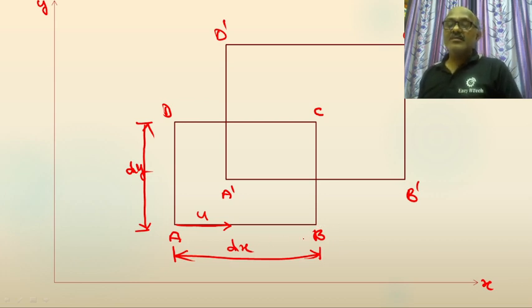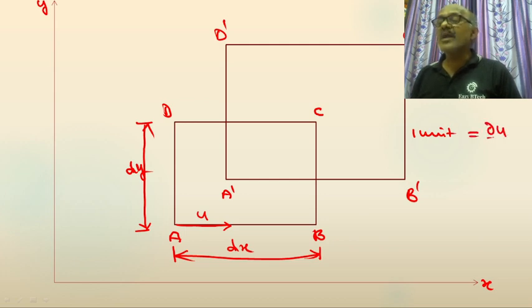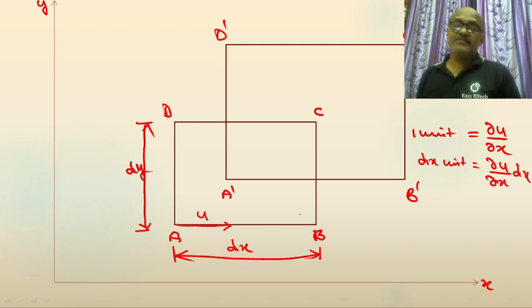First of all, B is at a distance dx more than A. So for 1 unit, the displacement of B is dou u by dou x. For dx distance, the displacement of B is dou u by dou x into dx.